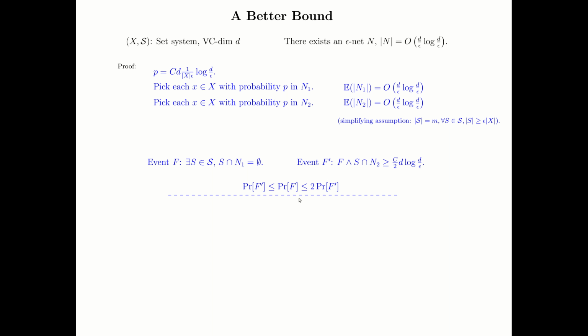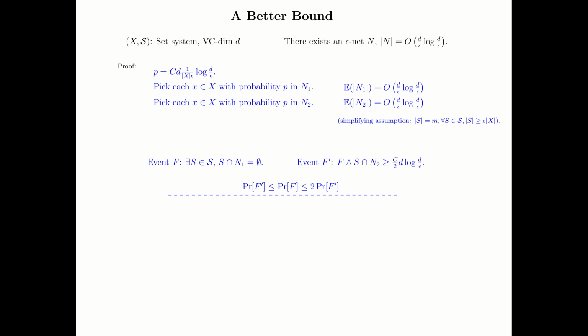This is because our two samples are independent. N1 and N2 are two independent samples. Consider some subset S that does not include an element from N1. What is the probability that we include more than this many elements in N2?